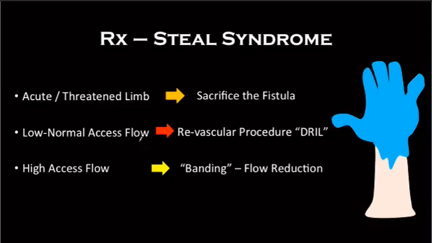In other words, if the access is stealing all the blood because it's a high flow thing, then the problem is in the access. If it's really not stealing that much flow, then the problem is further down in the arm, and you have to do a revascularization there. And if they're going to lose their arm, then you need to not do that. Put a temporary line in, kill the fistula, let their hand not die, and then put a fistula or graft in the other arm or somewhere else.